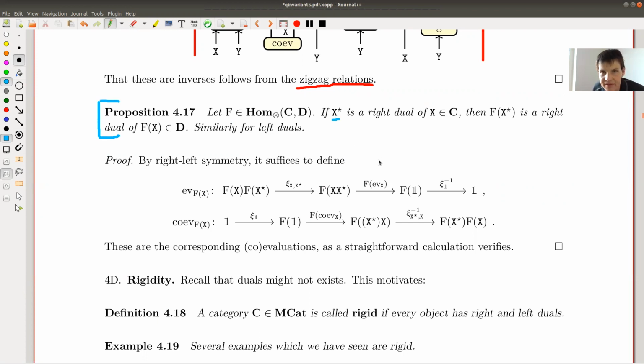So if x is a right dual of y, then f of x is a right dual of f of y. And the only thing you need to assume for that is that f is a monoidal functor. This is a little bit of a surprising thing, but it's not so hard to see. So monoidal functors preserve dualities. It's not a very complicated calculation.